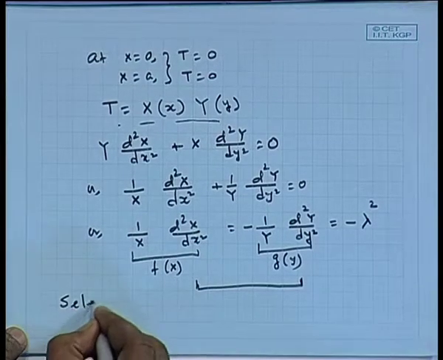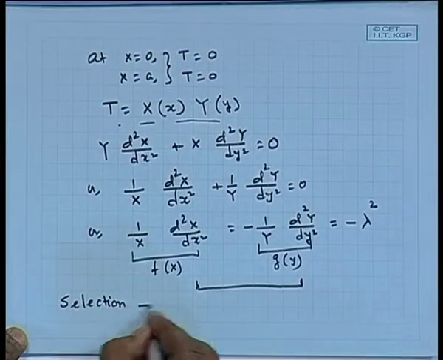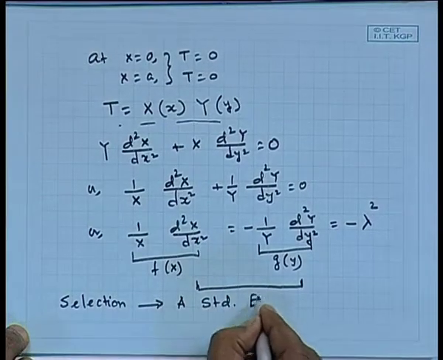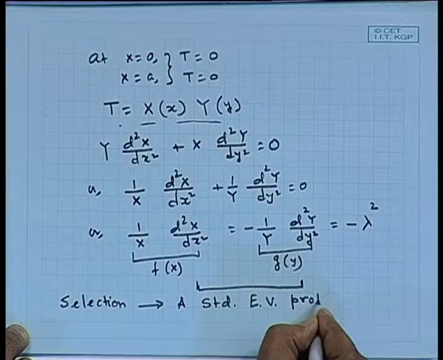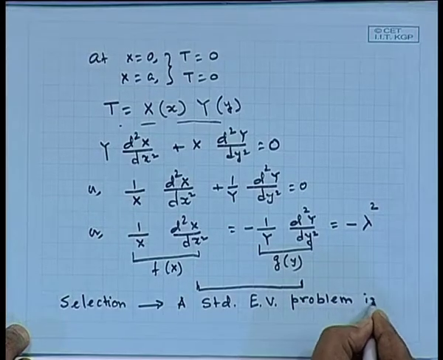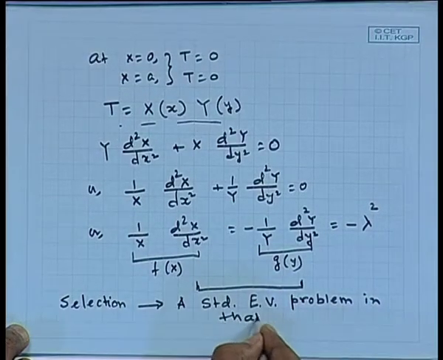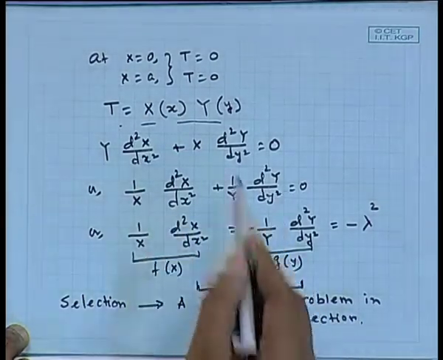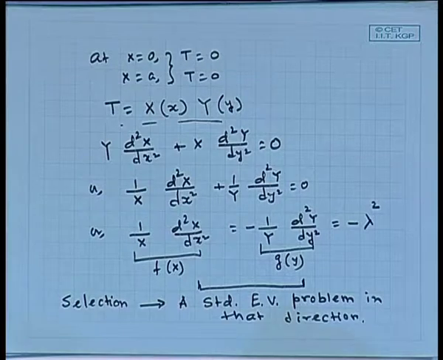So, the selection is such that you will be having a standard eigenvalue problem in that direction. In the x direction, I am having the homogeneous boundary conditions. So, I will be selecting the x containing part as the standard eigenvalue problem.